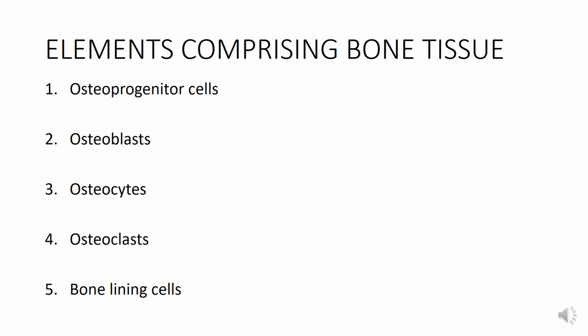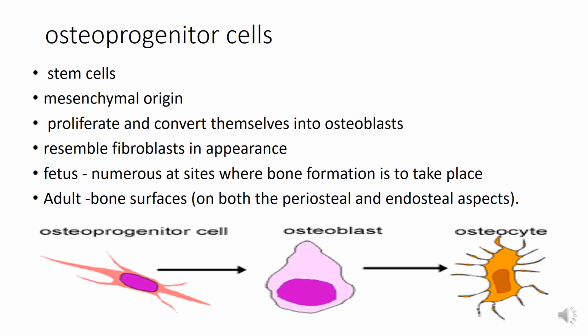Now coming to the elements comprising the bone tissue, these are the cellular elements. We have osteoprogenitor cells, osteoblast, osteocyte, osteoclast and bone lining cells. We will see about each one of them. First of all, osteoprogenitor cells, we have already seen, are present within the cellular layer of periosteum. These are stem cells.